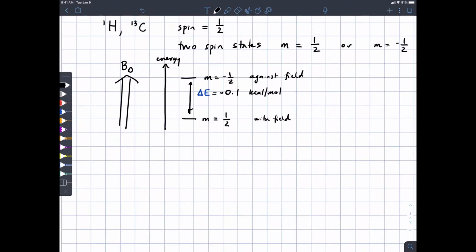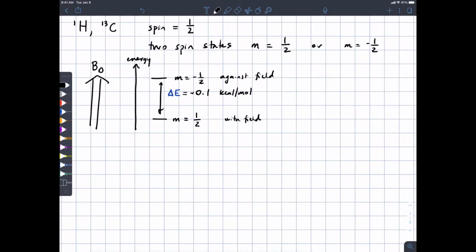And if you calculate the equilibrium constant, what you would find is there's basically a 1-to-1 ratio of spin states in the magnetic field. Probably it's around 49.999% protons in the against field spin state and 50.001%.